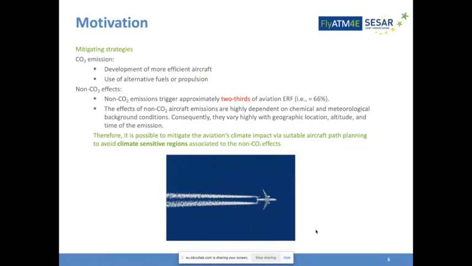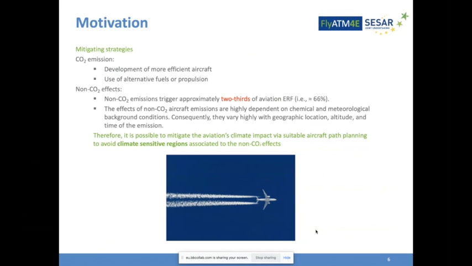So regarding the mitigation strategies for CO2, the development of more efficient aircraft or use of alternative fuel or propulsion is required. However, the non-CO2 effects, which we're most interested in, can be mitigated using proper aircraft trajectory.